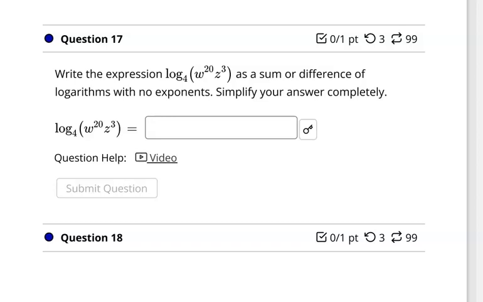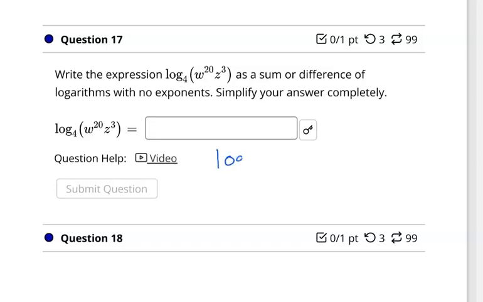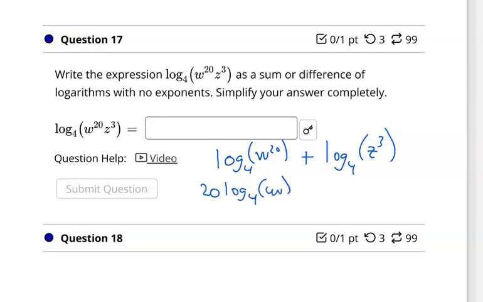Log base 4 of w to the 20th plus log base 4 of z to the 3rd. And then using the exponent rule, 20 comes out to the front of the log. That becomes 20 log base 4 of w plus 3 log base 4 of z. No more needed. That's simplified.